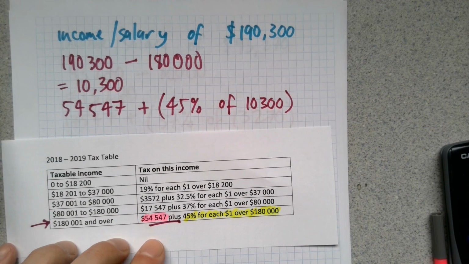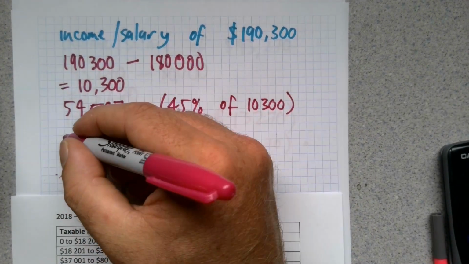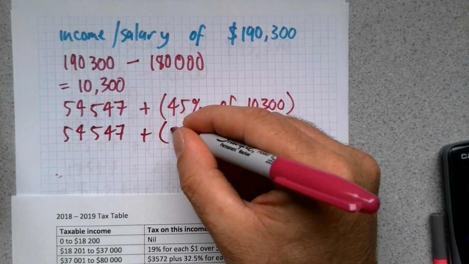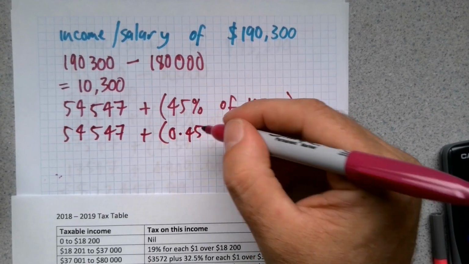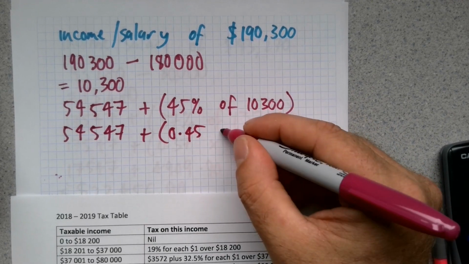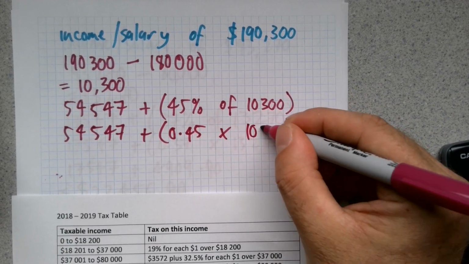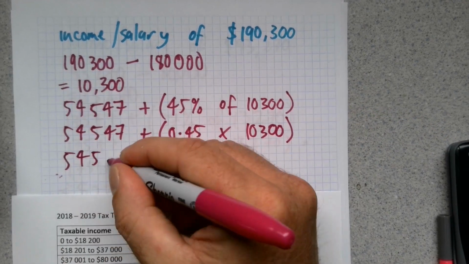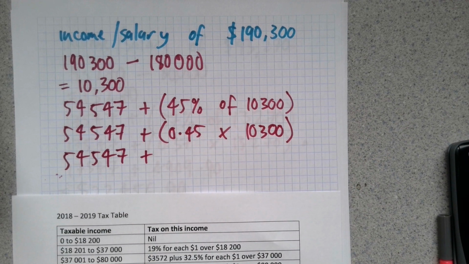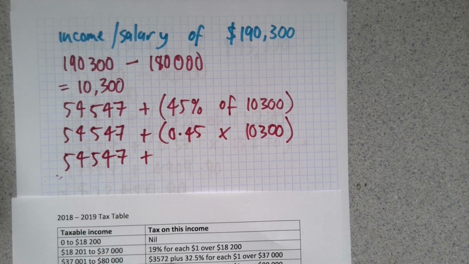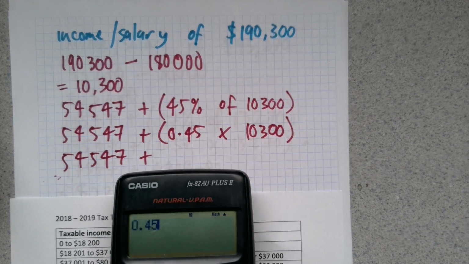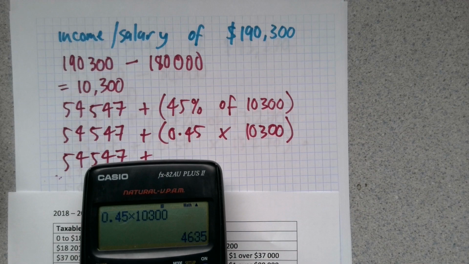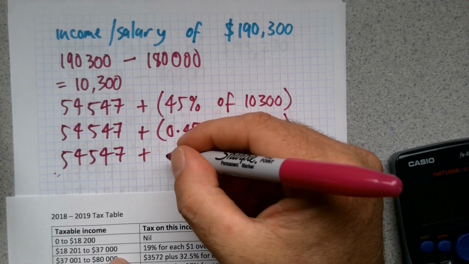Okay, again, let's change that into something we can put into our calculator. 54,547 plus 0.45, again converting that percentage to a decimal, and of mathematically we know means times, 10,300. Okay, let's work out what this is. 0.45 times by 10,300, it's 4,635.